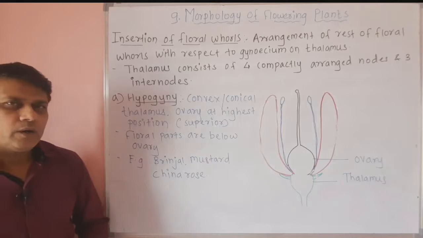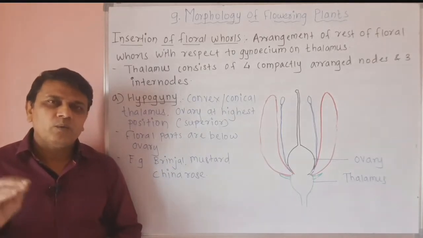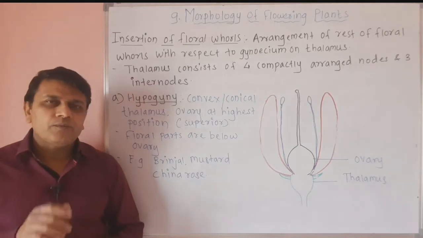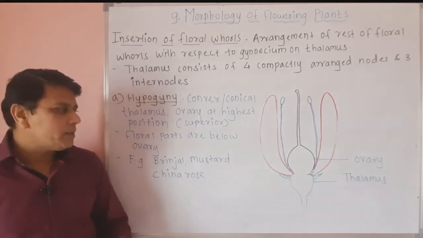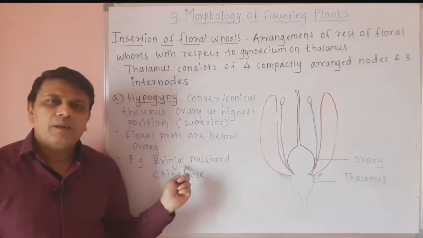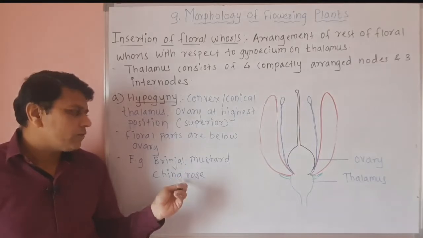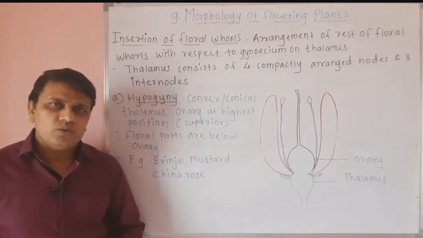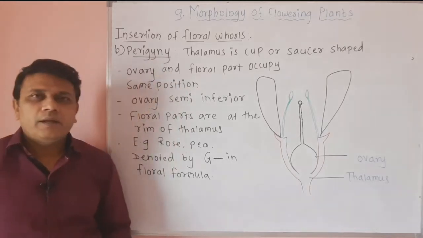So, such flower where ovary is at the highest position or ovary is superior, the flower is called as hypogynous flower. An example of it is brinjal, then it is found in mustard as well as it is found in China rose.